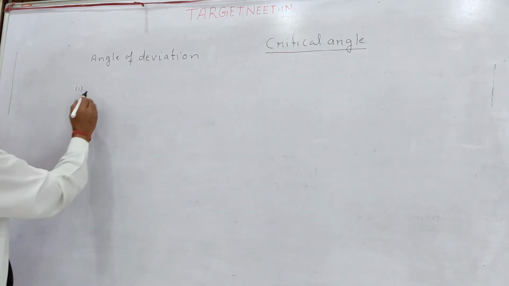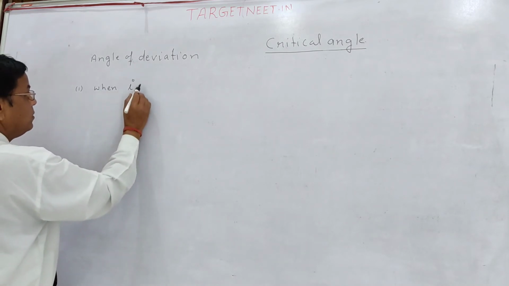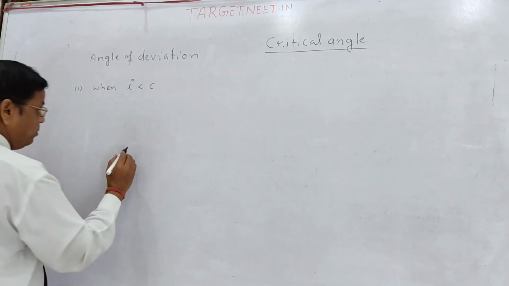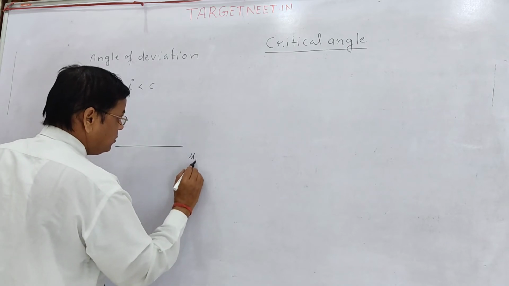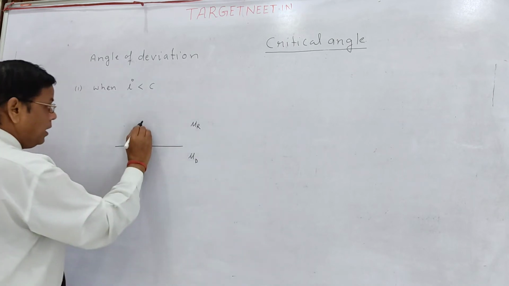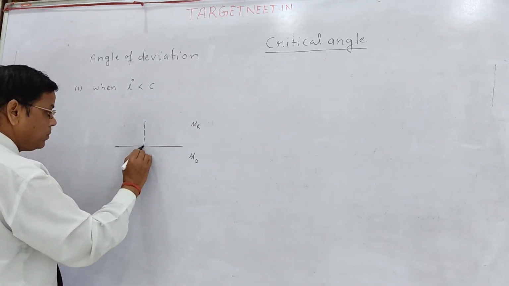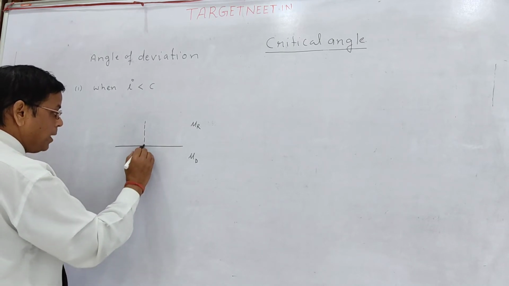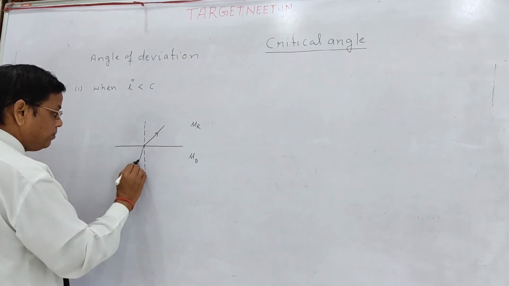First, when angle of incidence is lesser than critical angle, it means, suppose this is denser medium and this is rarer medium, and angle of incidence is lesser than critical angle. It means light will go in rarer medium.